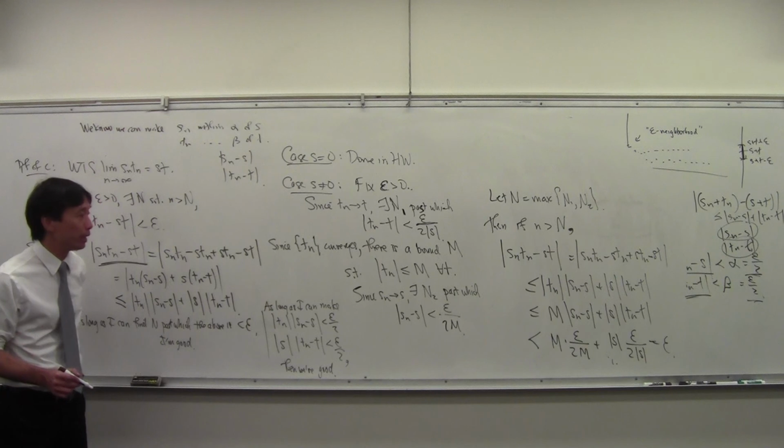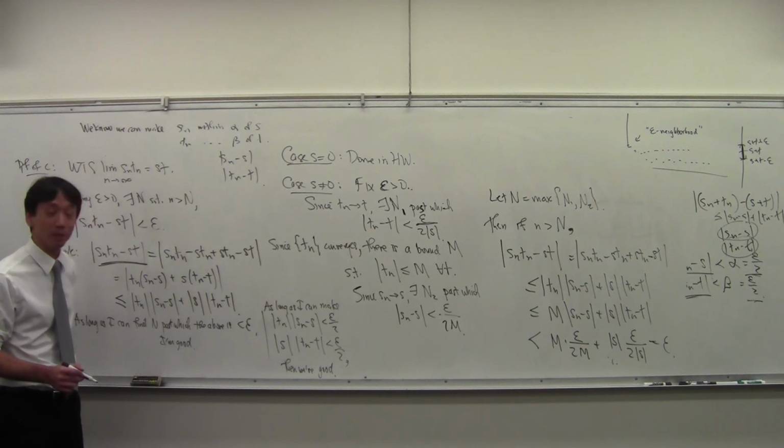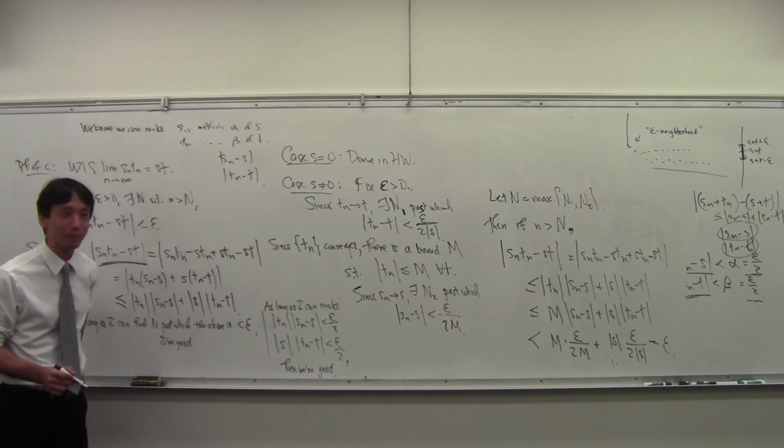So that's the proof that the limit of a product is the product of the limits.